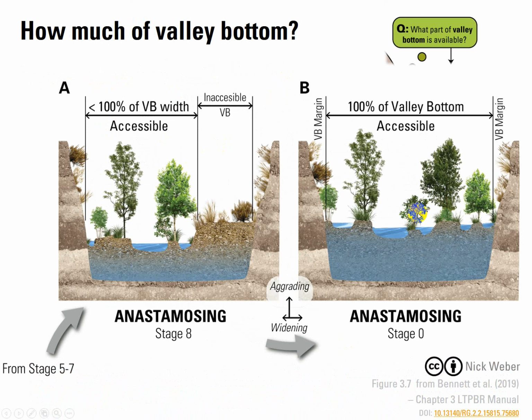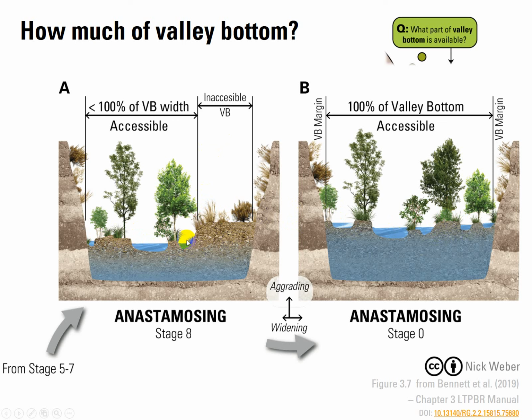It could be that stage 0 is possible if you map your valley bottom and you look at where it could access and where there's not conflicts, maybe it is the whole valley bottom. Or maybe it's something less, right? Maybe there's an inaccessible portion that we want to think about, okay? That maybe has incompatible land use, etc.